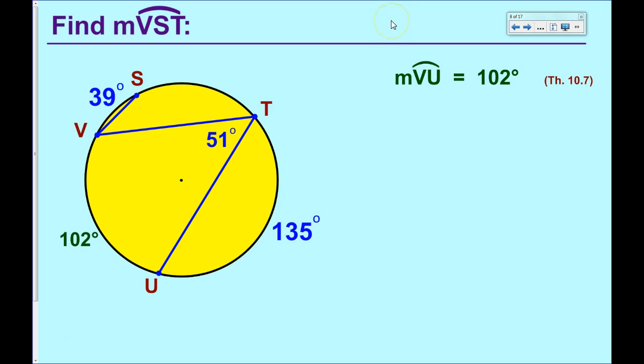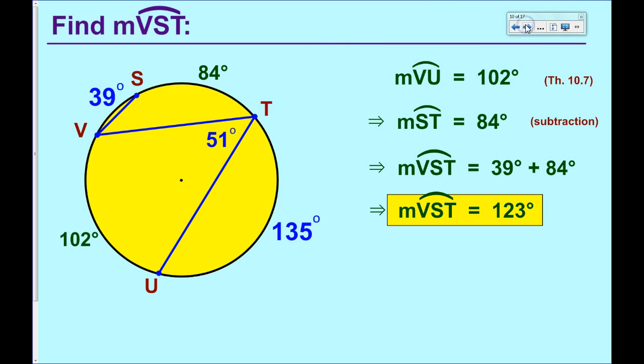If we consider that the entire circle is 360 degrees, through a little simple subtraction we can figure out that the measure of arc ST must be 84 degrees. So therefore VST, that minor arc, must be the sum of 39 and 84, which is simple enough to add together.